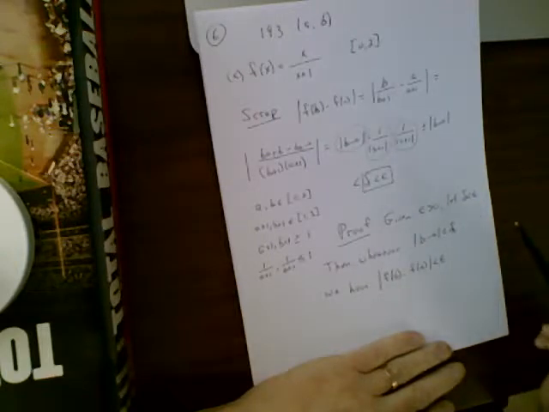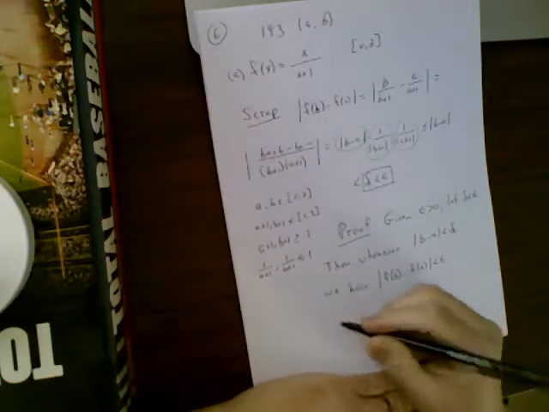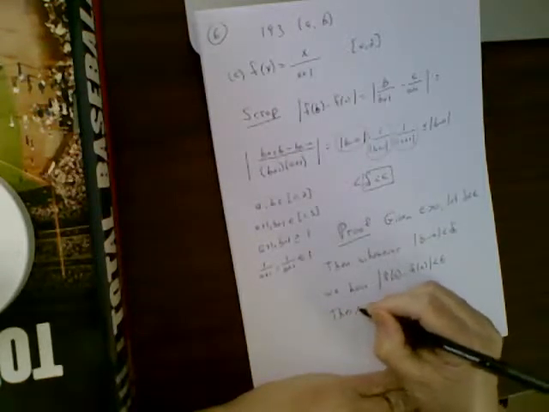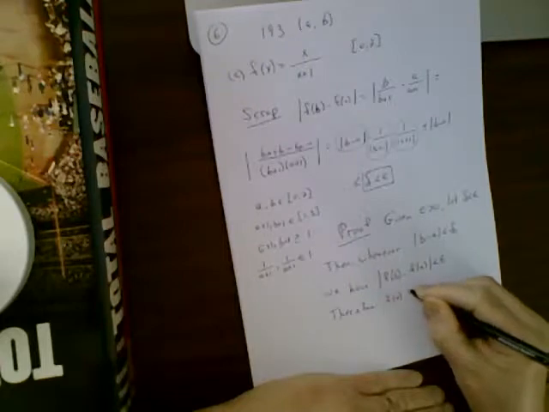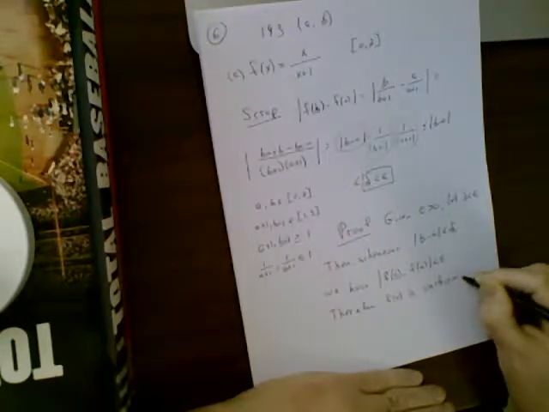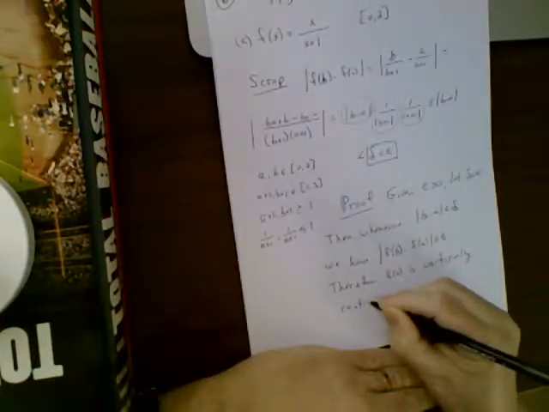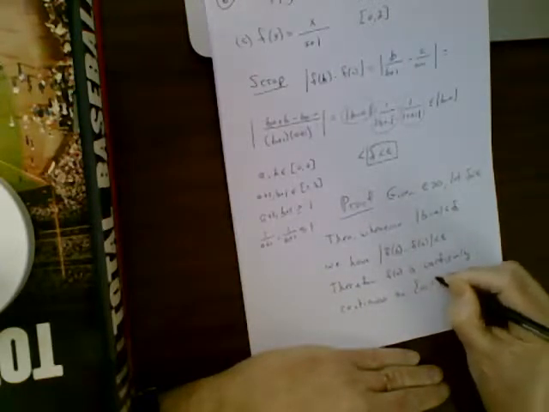So again, here's your proof, and so therefore, f of x is uniformly continuous on the interval from 0 to 2.